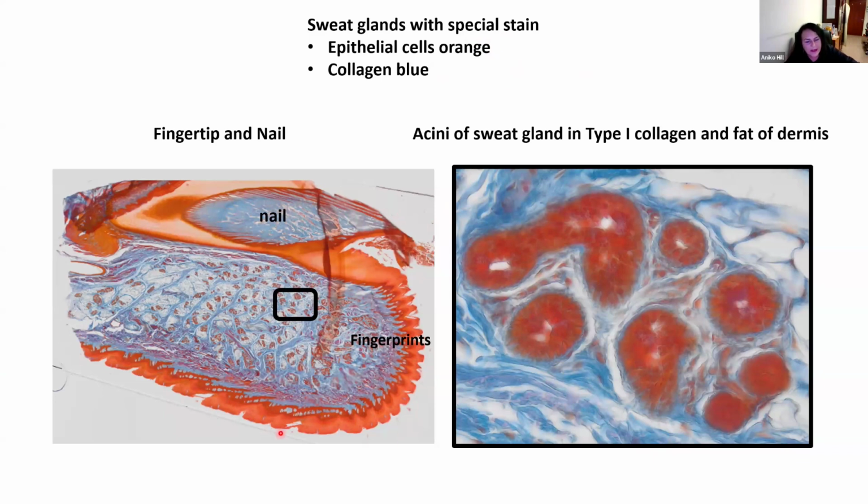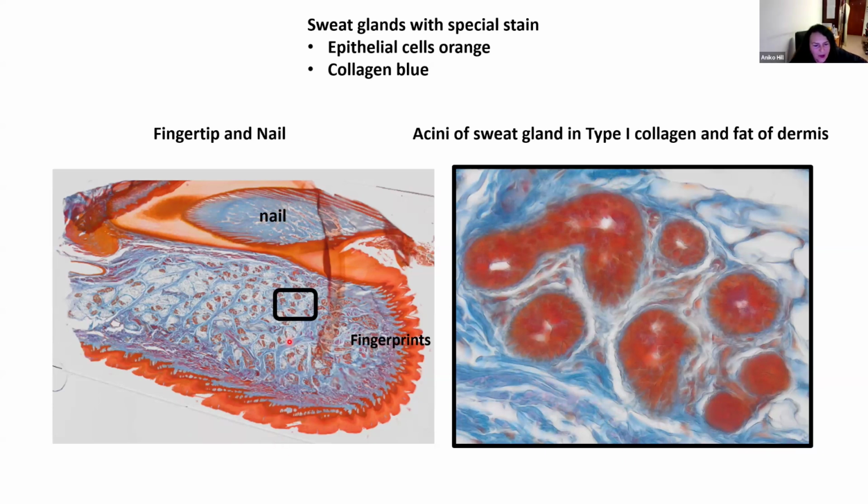These are the fingerprints. And you can see that the epidermis is all stained with beautiful orange color. And then in the dermis, the collagen fibers are blue. Let's jump over here. These are the orange acini of the sweat glands.